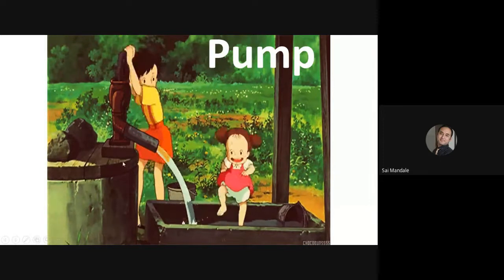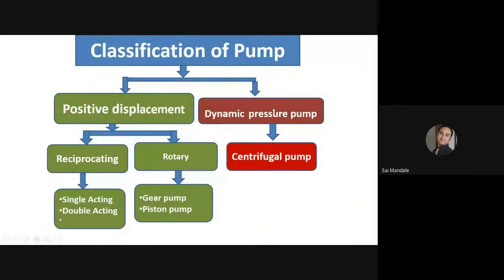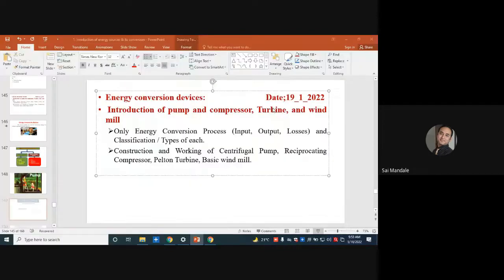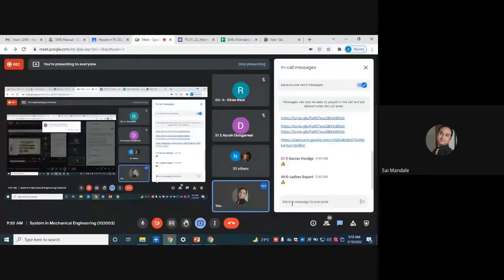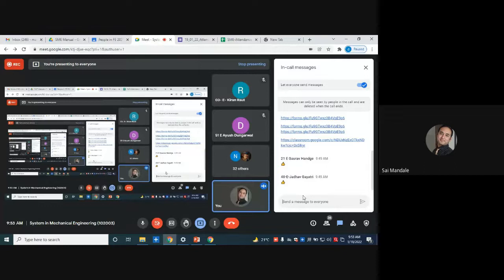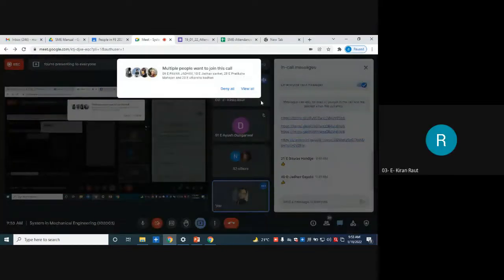Now we'll be talking about the pump. What is a pump? Before going to the classification of pumps, I would like to ask you a question. What are the two different types of devices?